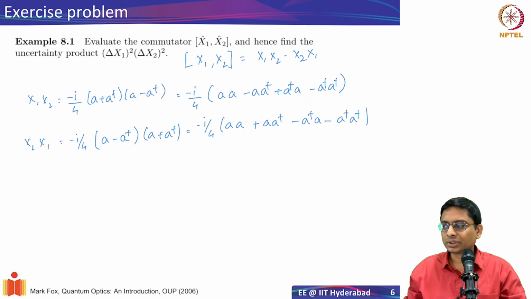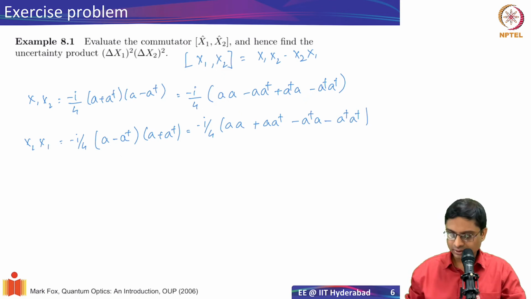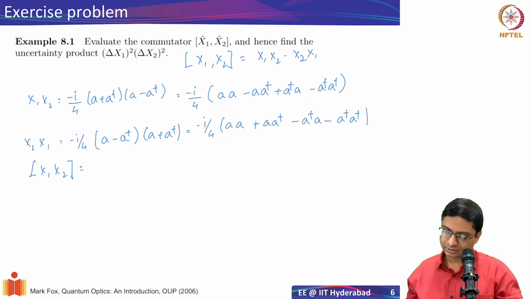So if I compute the commutator bracket x1 comma x2, it is going to be the difference of these two expressions. Your a a and a dagger a dagger terms will cancel out, because both have a minus i by 4.